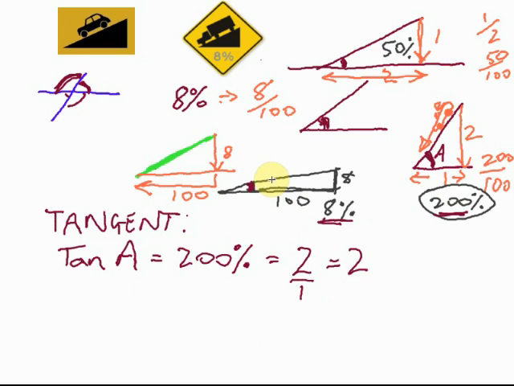What's tan of this angle? Let's call this angle B. What's tan B? Well, by the same token, tan B is equal to the number of down. How many is that? That's 8 divided by the number of across units. That's 100. Now what's 8 divided by 100? Well, if we do it in decimals, it's 0.08.